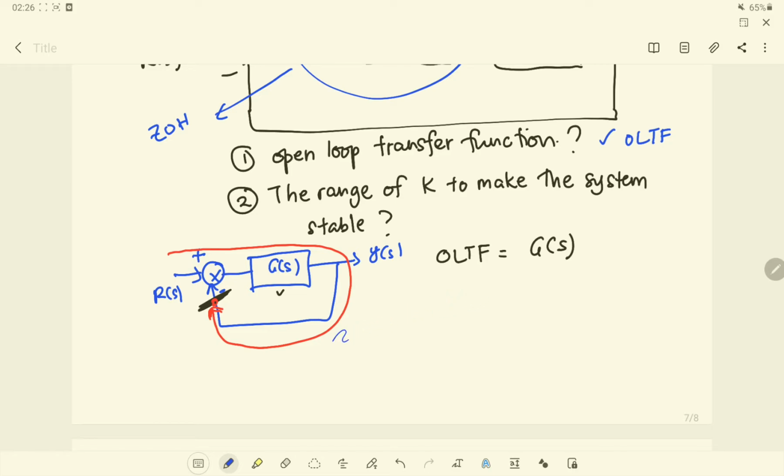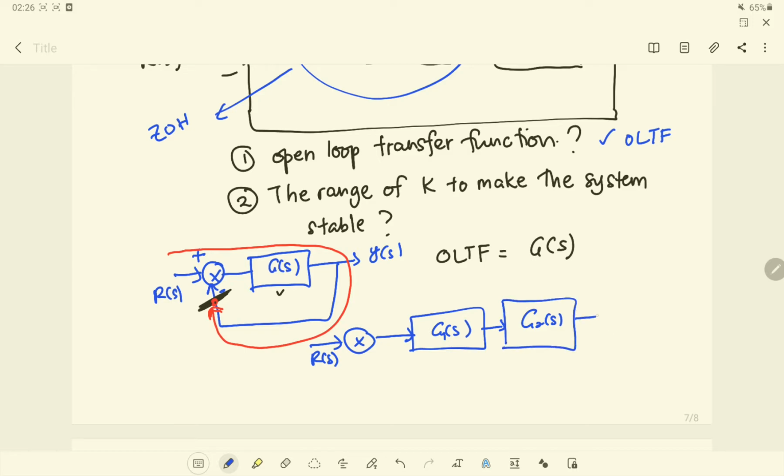Here is R(s), then this is G1(s), then G2(s), and then the output, and then we have one feedback, H(s), here, with a negative sign.